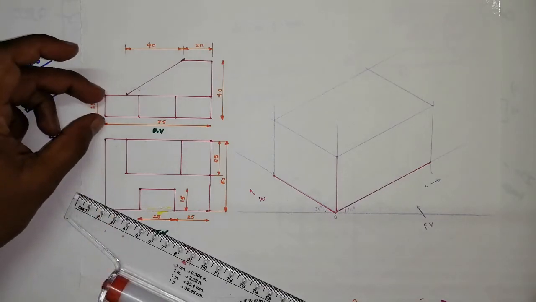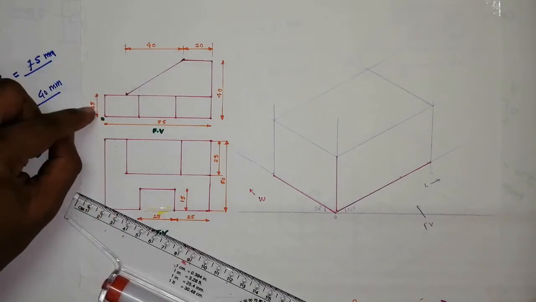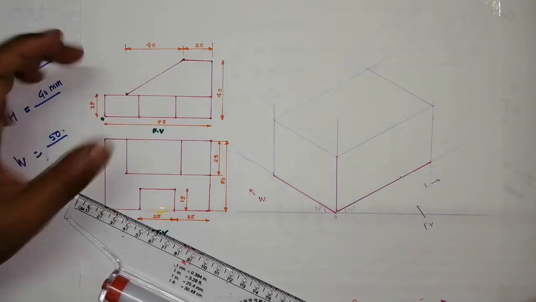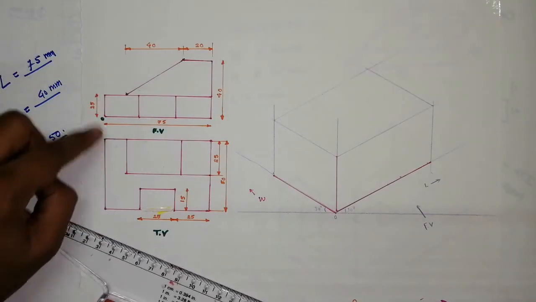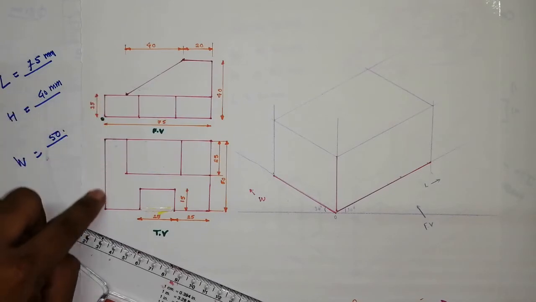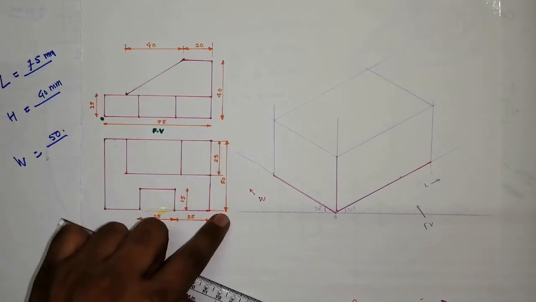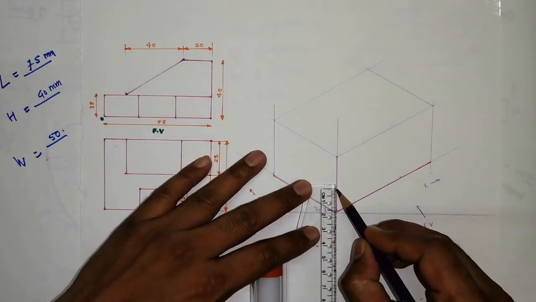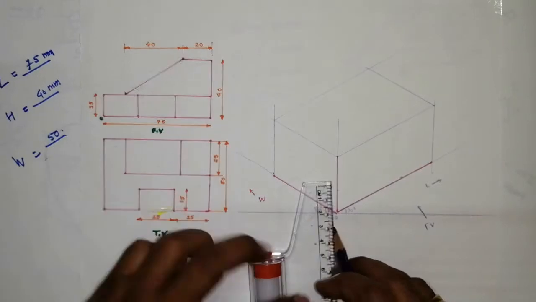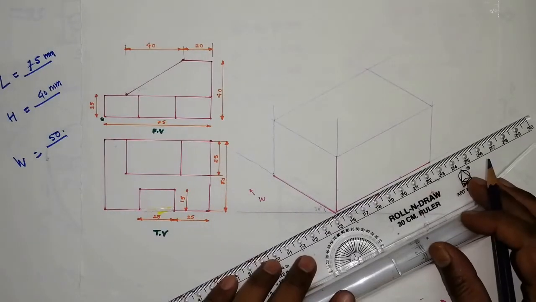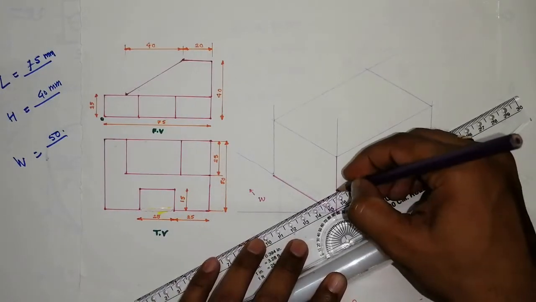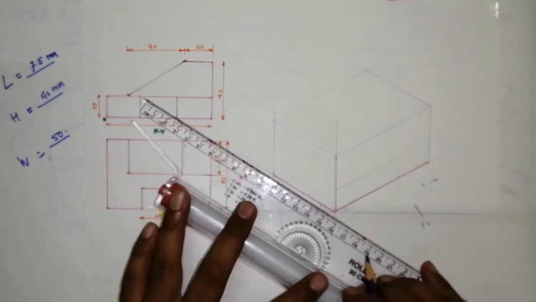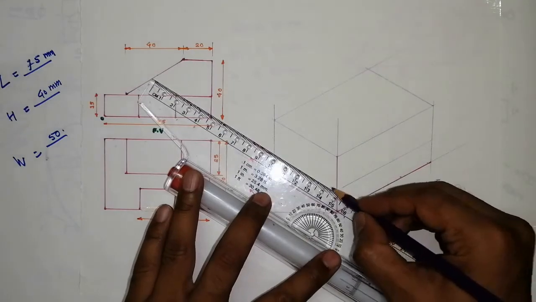The foundation box is a rectangle of 15 by 75 length. The length is 75, the height is 15, and what is the width? The width we take from the top view, by taking the projection of this rectangle. It is 50.